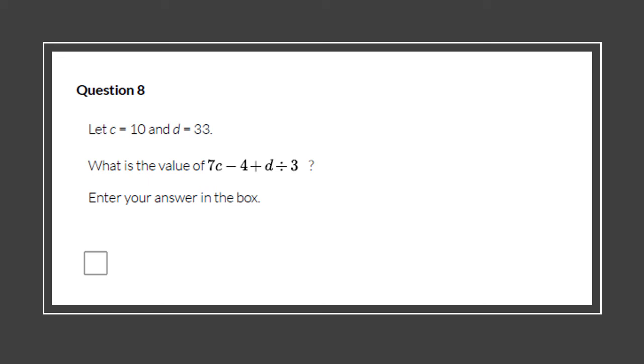Okay, number 8. Let c equal 10 and d equal 33. So I'm going to rewrite my problem. 7c minus 4 plus d divided by 3.